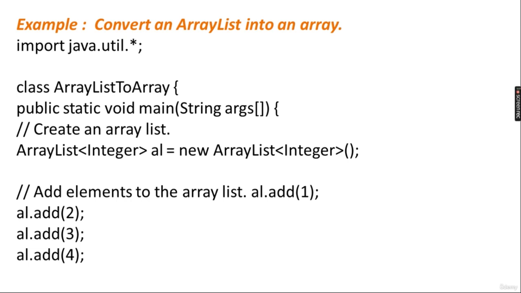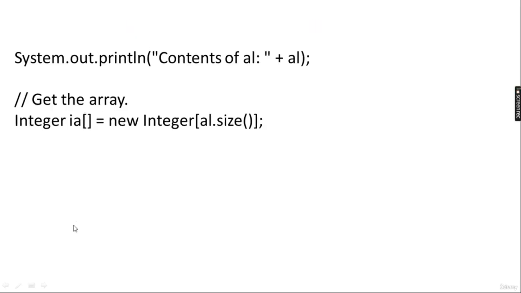These are the primitive type elements 1 and 2 and 3 and 4. Here you are passing what? A wrapper class Integer, and here you are passing each element as primitive type int. So you do not need to convert this primitive type to the Integer wrapper class because of autoboxing. It is converted directly to Integer and then stored in the array list AL.